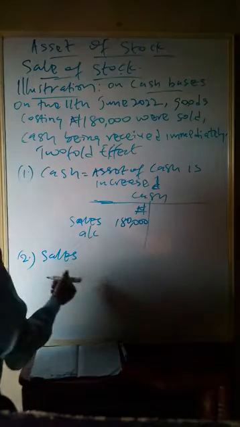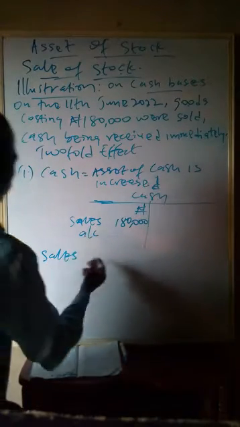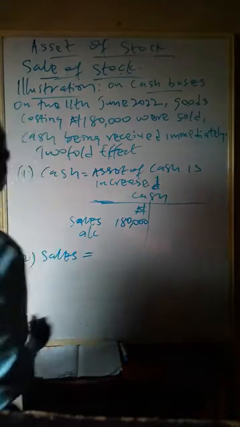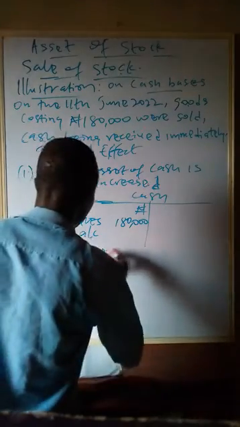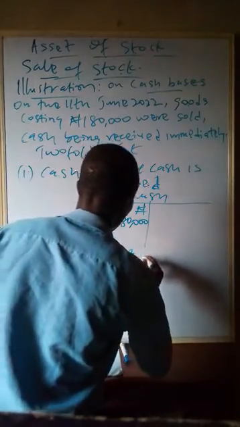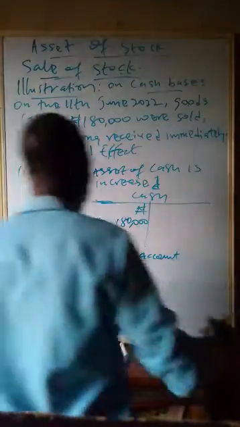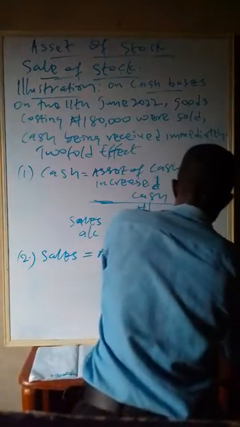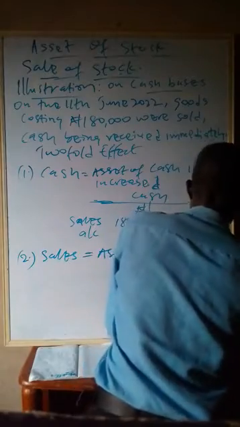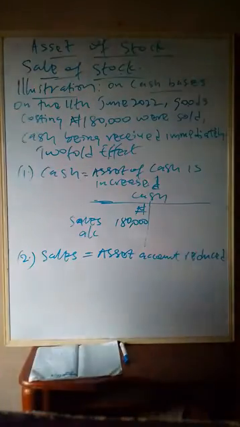That is the asset of stock of sales. The asset account is reduced. That is the twofold effect.